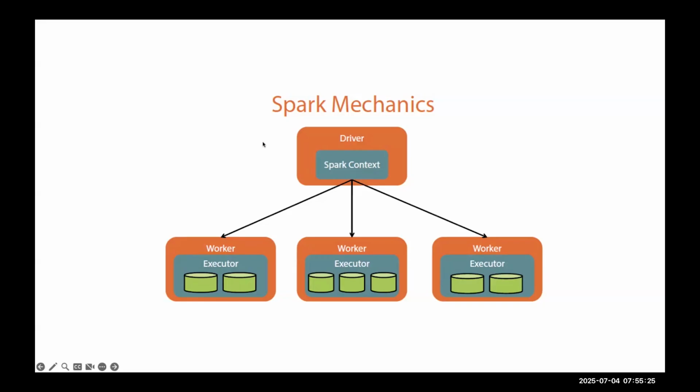You submit that job to the Spark driver, or the master. The master will divide that job and look at the workers. Suppose two workers are already running some jobs; then the master will assign the job to the worker which is free. Once the worker completes that job, it sends it back to the master, and the master returns the result to you.